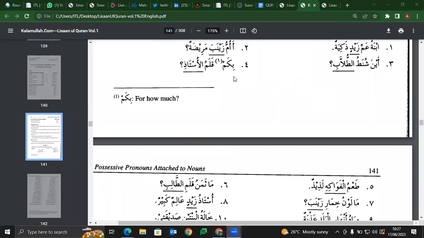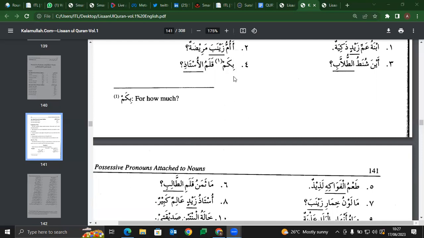Number 4 will be kam kalamul ustadi. It is again a question. Kam comes when we ask about a cost or price. So kam kalamul ustadi: how much is the pen of the teacher? How much does the pen of a teacher cost?